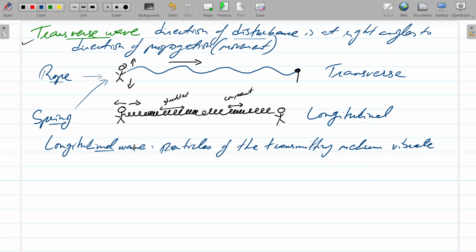They vibrate back and forth along the same line as the wave is traveling, the direction of propagation.